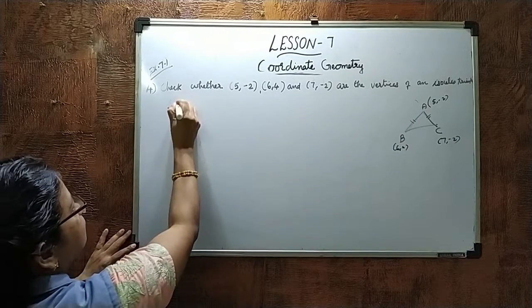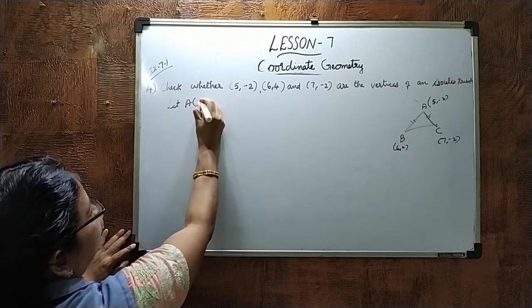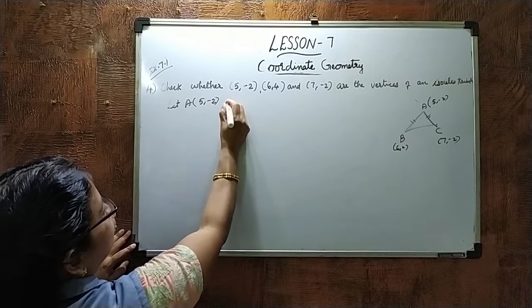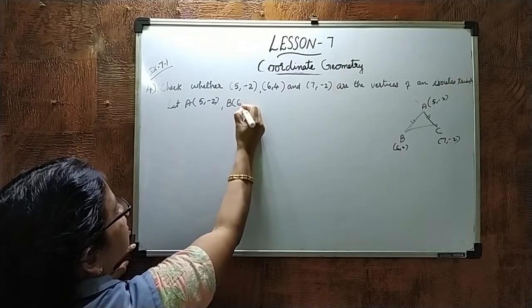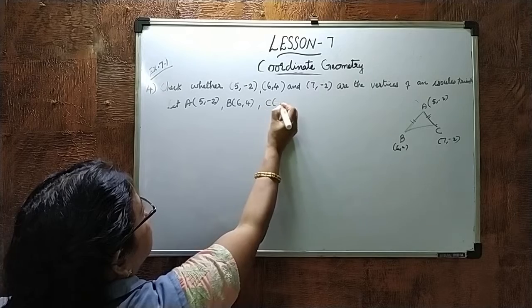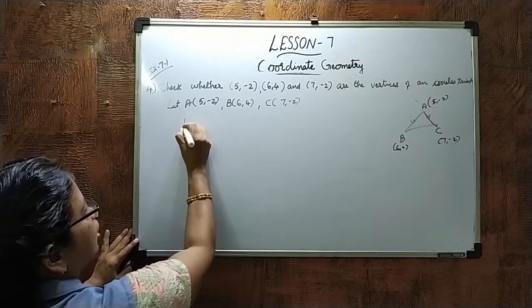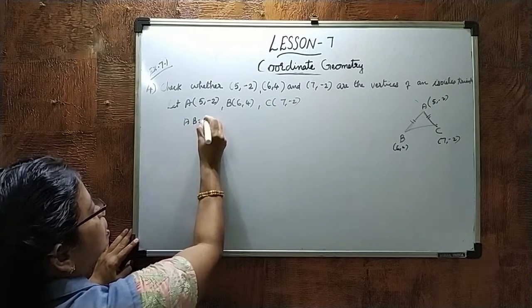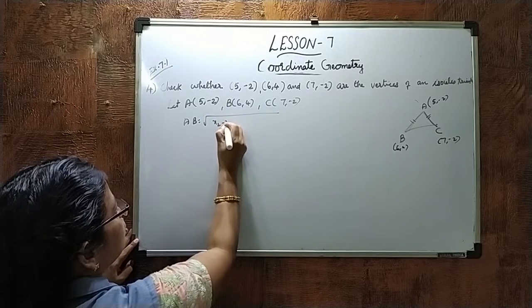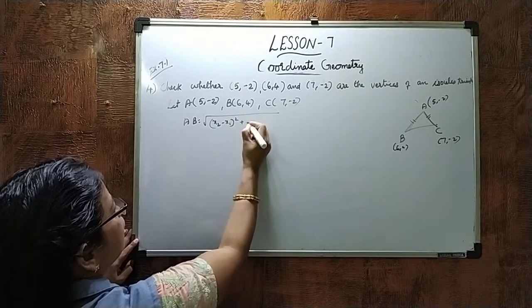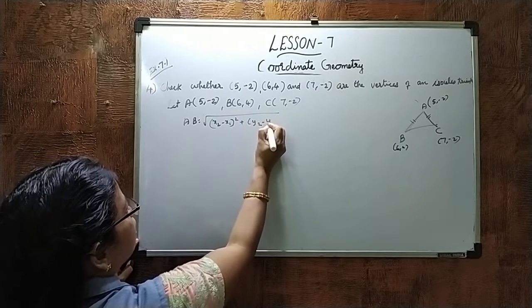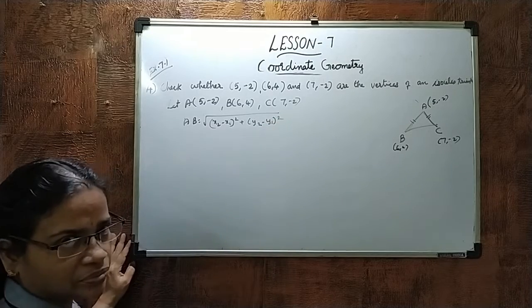So let A (5, negative 2), B (6, 4) and C (7, negative 2), right? AB equals root of (x2 minus x1) the whole square plus (y2 minus y1) the whole square.